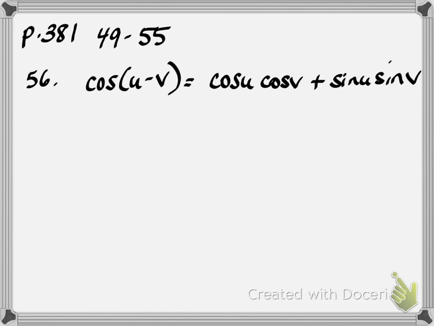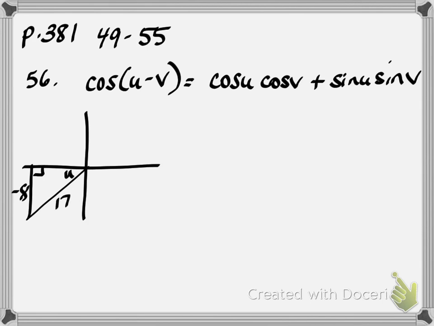information. They say sine of u is negative 8/17. And we're in quadrant 3. So quadrant 3, u's at the origin. Sine is -8/17. And they did not use the 3, 4, 5 or the 5, 12, 13. So we do need to do a squared plus b squared equals c squared.